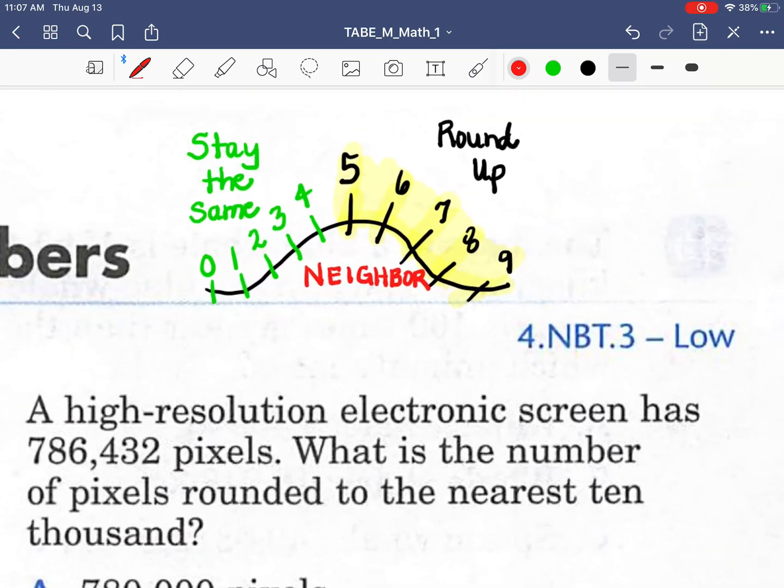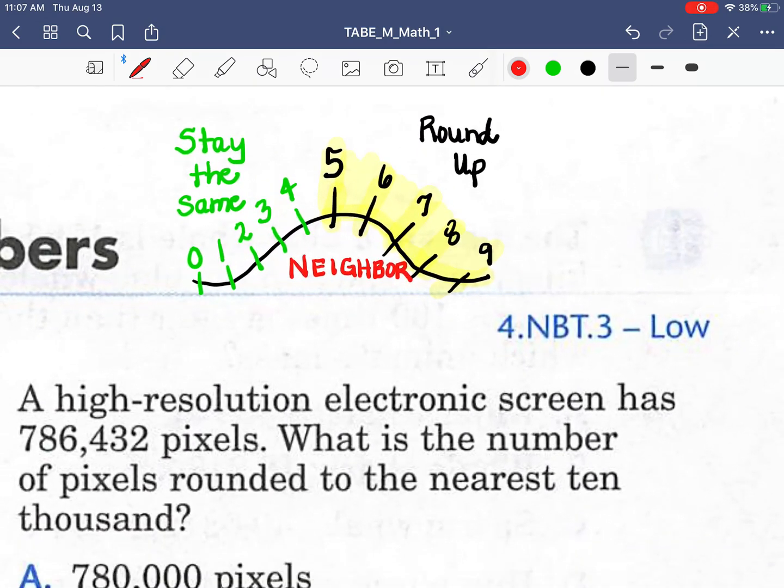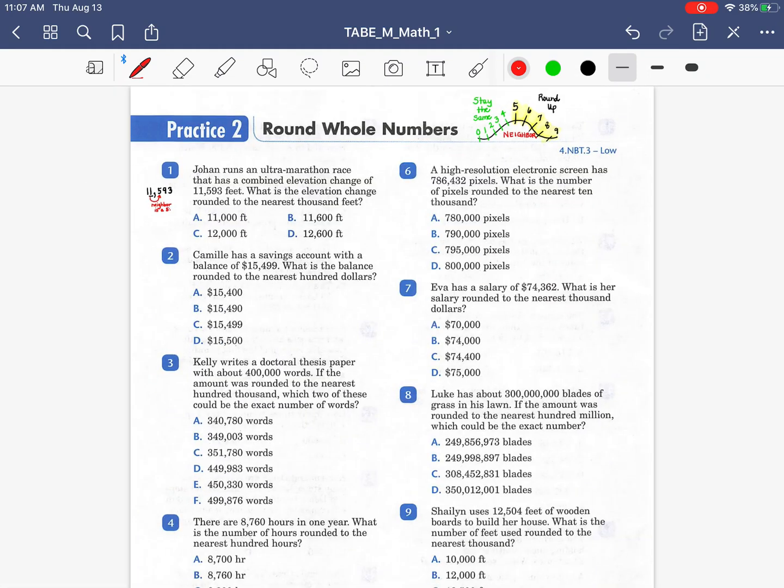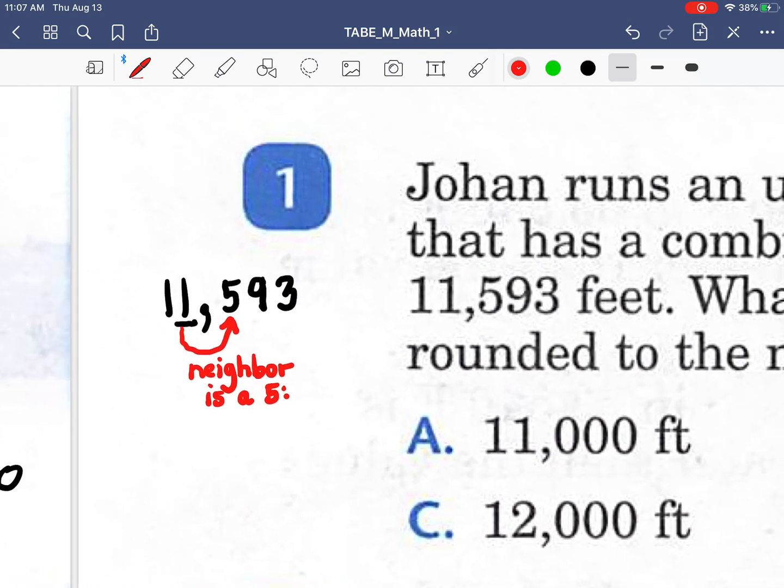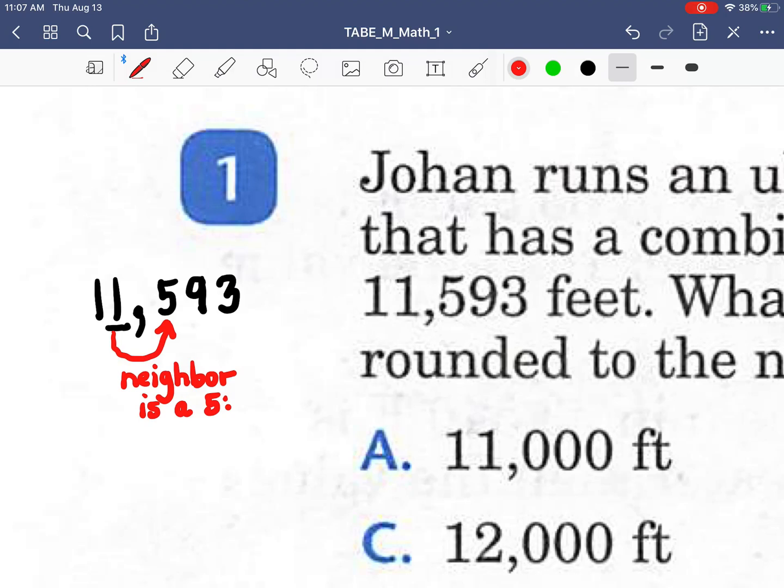The neighbor is a 5. So what are we going to do? We're going to round up. So come back over here, and here's how you round up. You never bother the leader.